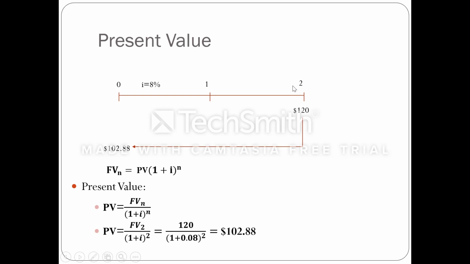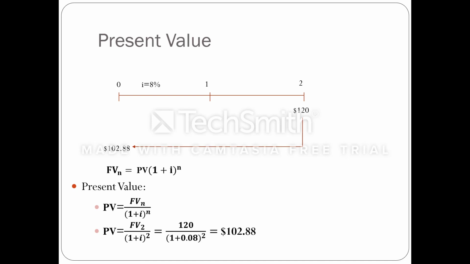So here the future value is 120, and you want to determine its present value, that is, what cash you will deposit in the bank today so that it will grow to 120 in 2 years with an 8% interest rate. So if you do this calculation, 120 divided by 1 plus 0.08 raised to the power 2, it becomes equal to $102.88.